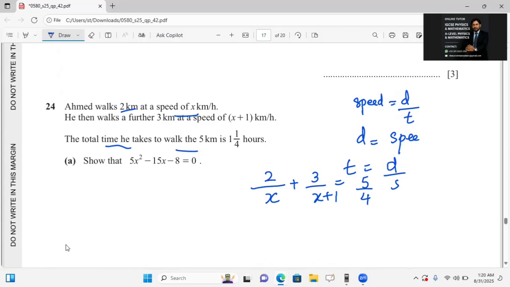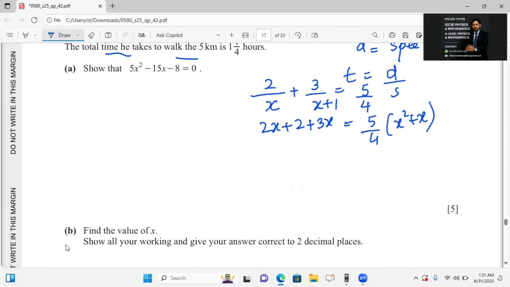Let's go for a little bit of simplification, taking the LCM. So it is 2x plus 2 plus 3x is equal to 5 by 4 into x square plus x.